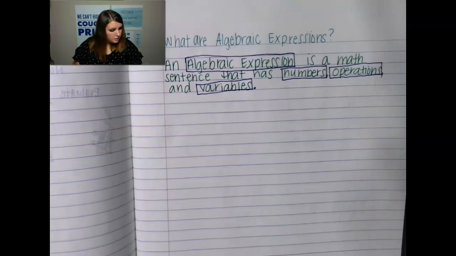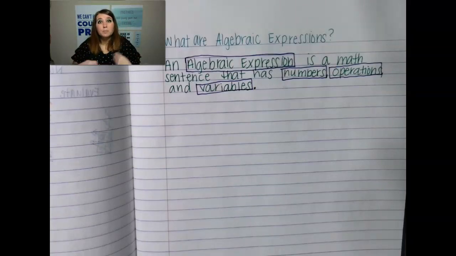All right. So we are going to first talk about what an example of one would look like. So I'm going to write an algebraic expression for you, and I'm going to color code it because there's lots of different parts to an algebraic expression, and it's really important that we know the vocabulary of each piece.